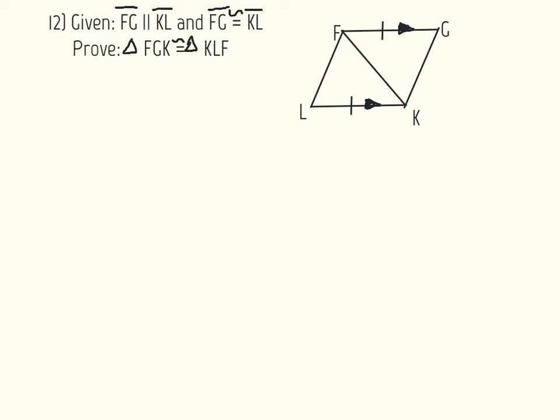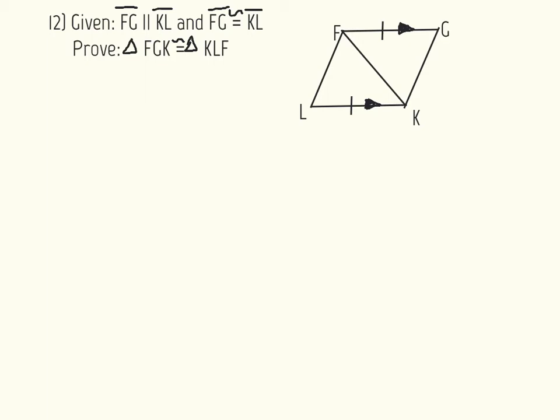And the last example is number 12. Given FG is parallel to KL and segment FG is congruent to segment KL, prove that triangle FGK is congruent to triangle KLF.